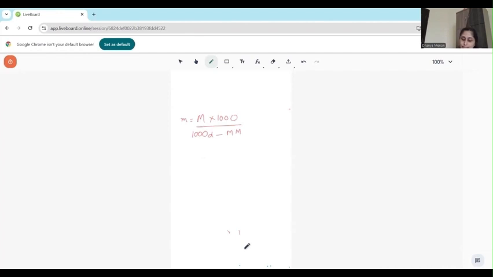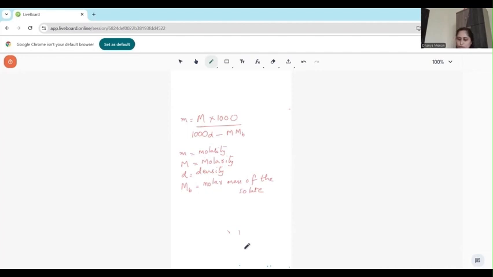I'll write down: m is the molality, capital M is the molarity, d is the density, and Mb is the molar mass of the solute, not solution, but solute.